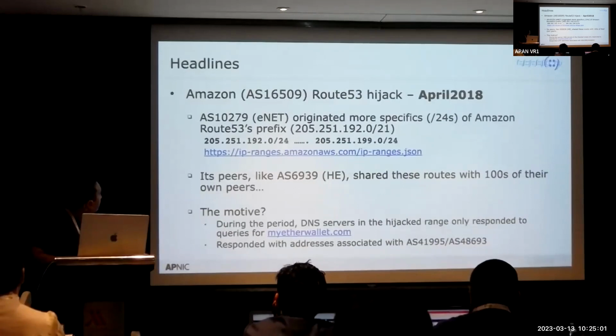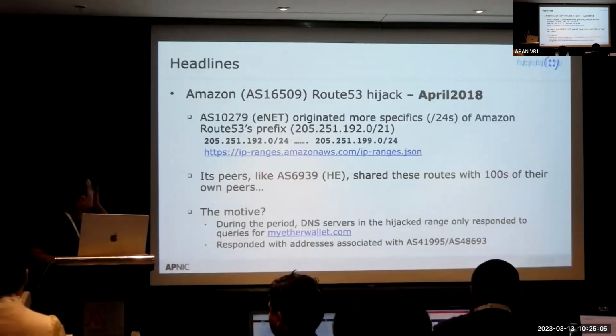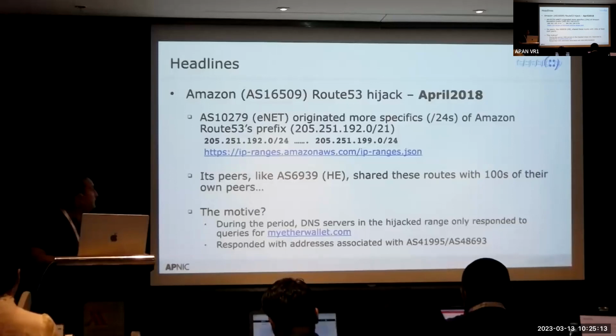As an example, you might already know there was a hijack of the Amazon DNS Route 53 prefixes, right? More specific /24s were announced out of this /21 network.